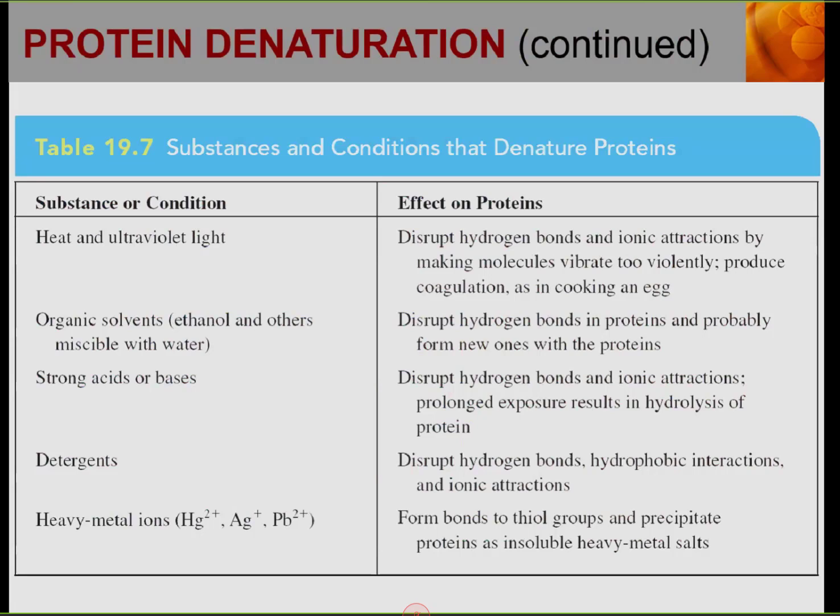But it can happen with ultraviolet light. And also, there are other things that lead to denaturation of the protein, be it organic solvents, strong bases, detergents. We're going to come to heavy metal ions in the next chapter on enzymes, but that denatures and makes the protein inactive.